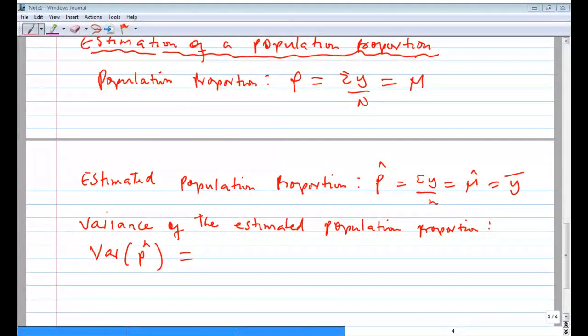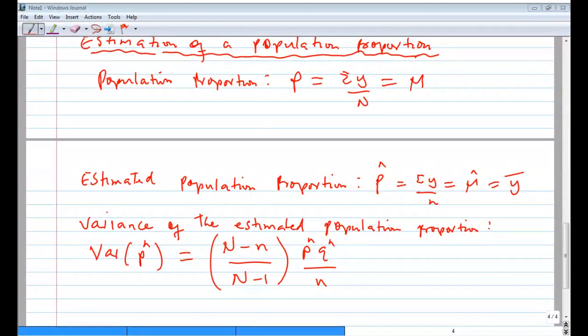So var of the estimated population proportion is equivalent to what? To N minus n, all divided by N minus 1, multiplied by pq over n. So this is the formula that you can use if you want to calculate the variance of the estimated population proportion.